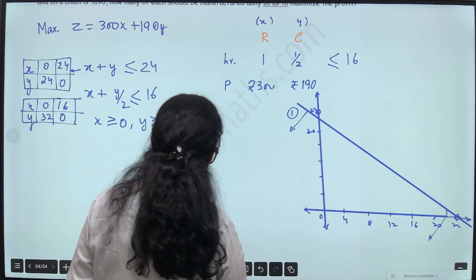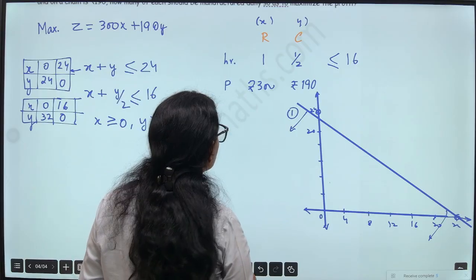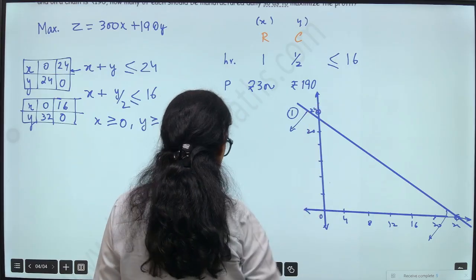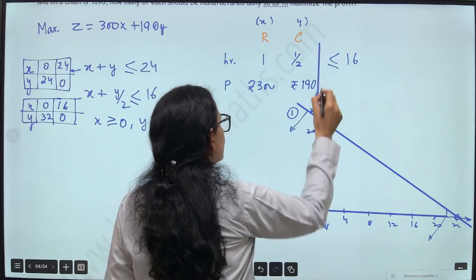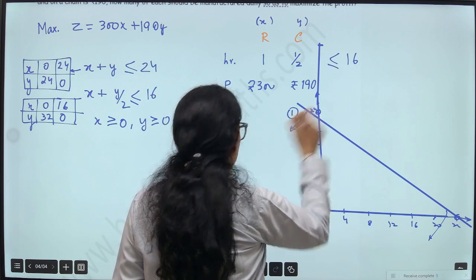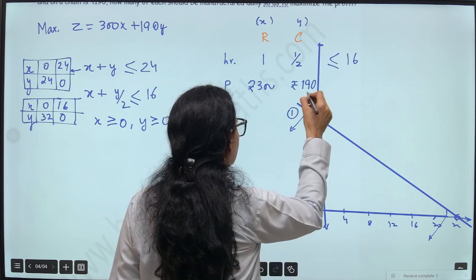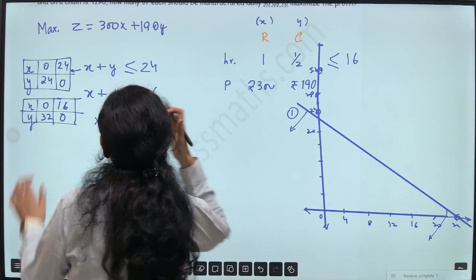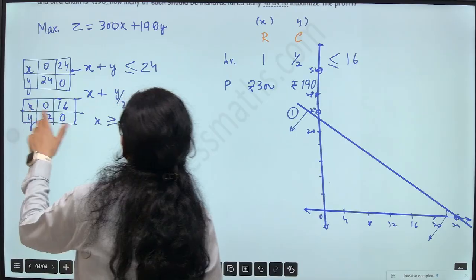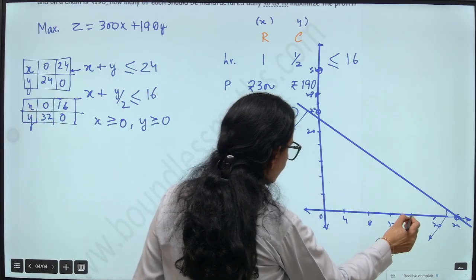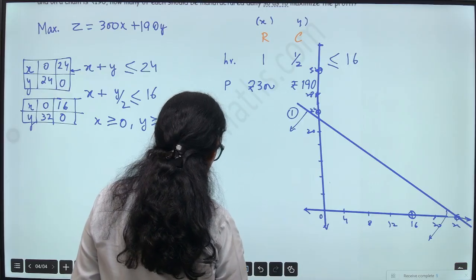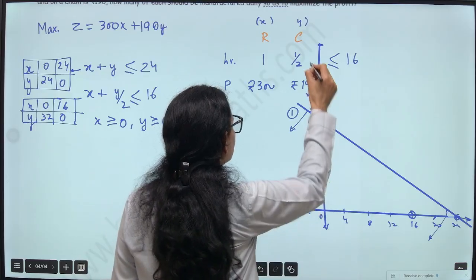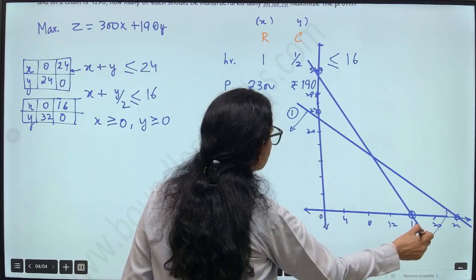Okay, so we need to extend the graph a little bit. After 24 we have 28 and then 32. So here x is 0, y is 32 and then x is 16 and 0. So this is here. So if I draw the graph for the second inequality, it will be something like this.